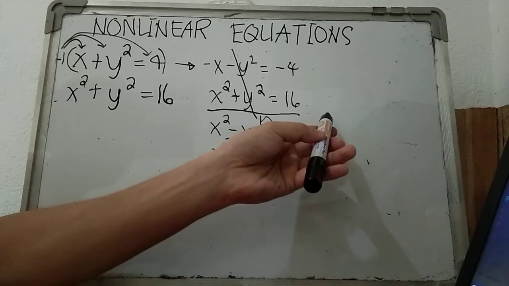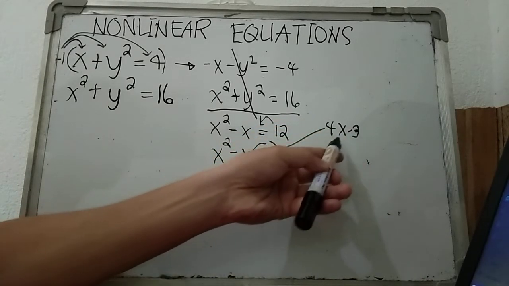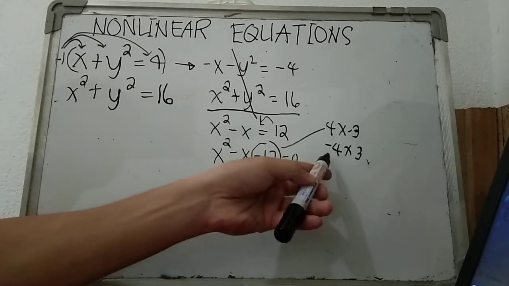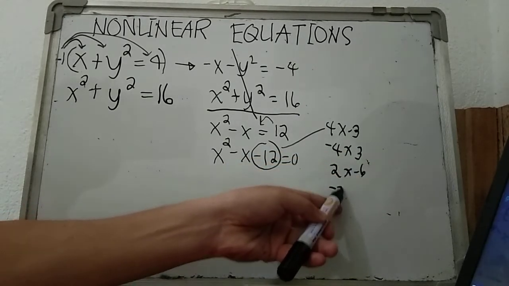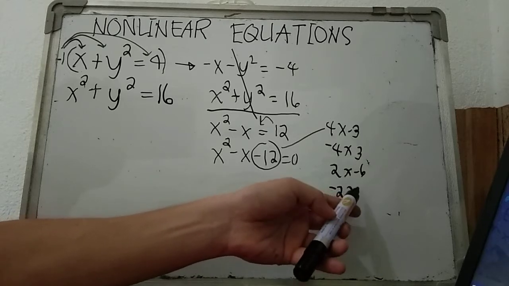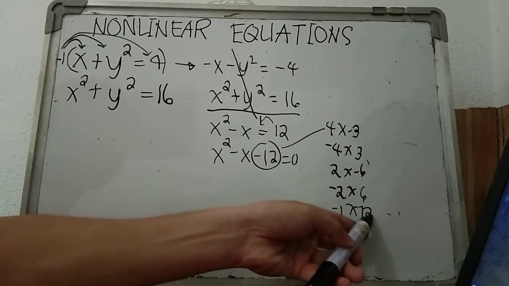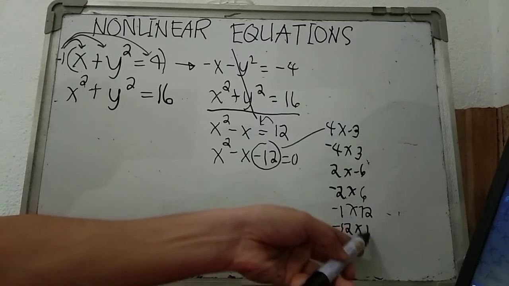The factors of -12 are 4 times -3, -4 times 3, 2 times -6, -2 times 6, -1 times 12, and -12 times 1.